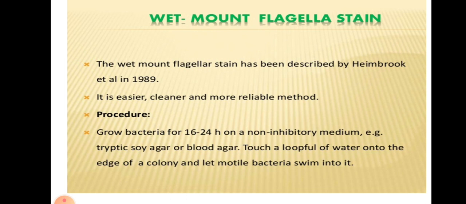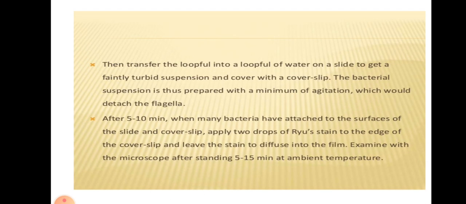Touch a loopful of water onto the edge of the colony and let motile bacteria swim into it. Then transfer the loopful into a loopful of water on a slide to get a faintly turbid suspension and cover with a cover slip. The bacterial suspension is prepared with a minimum of agitation, which would detach the flagella.